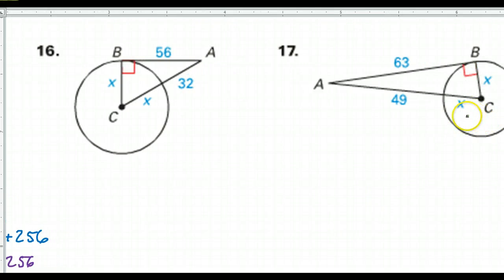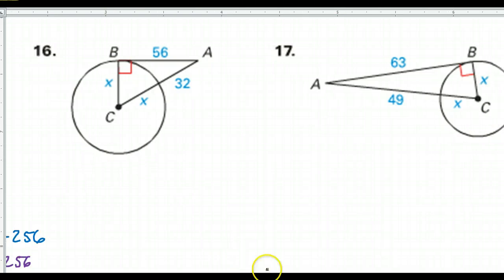Pause the video, do number 16 by yourself, and then check in with me and see if you got the right answer. There's no point in just watching me do another problem. So pause the video now and do the problem by yourself. You'll feel better about it. Okay, let's pretend that you did that, and now we are back.